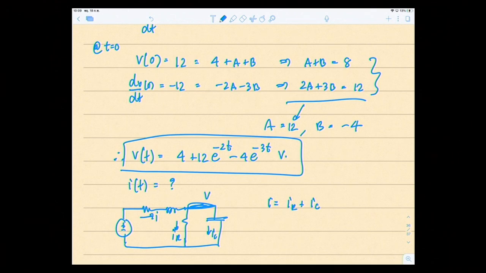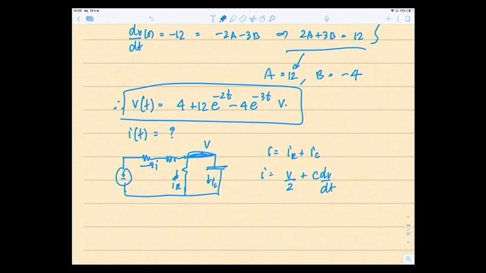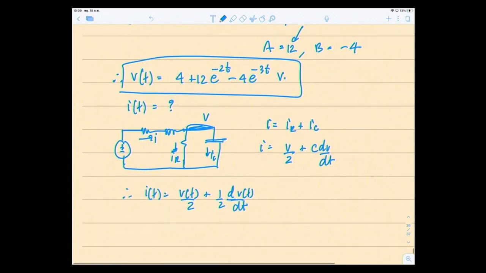So I is equal to V over 2 plus C dV/dt. So C is a half, so therefore I of t is equal to V of t over 2 plus a half dV of t/dt. And your V of t is that.